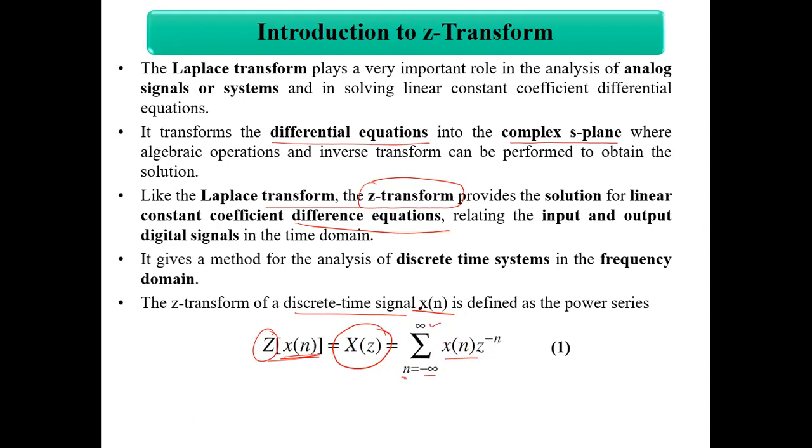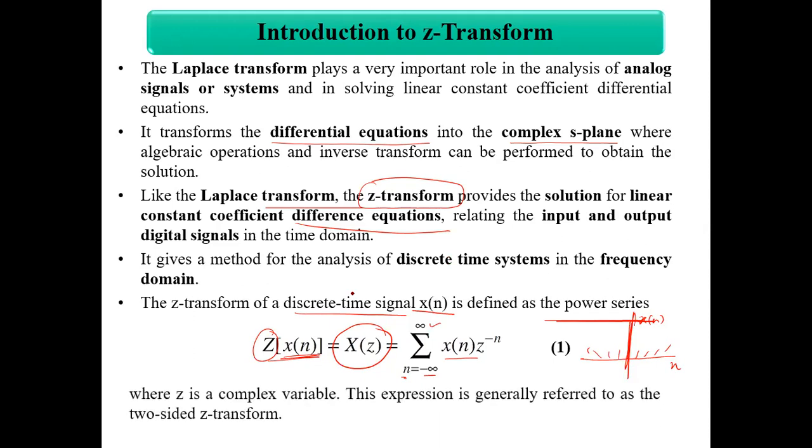So this is what we call as a double-sided Z transform. That means in this we will have signals available on both sides of the vertical axis, right? So this is double sided, that is its limit is extending from minus infinity to infinity.